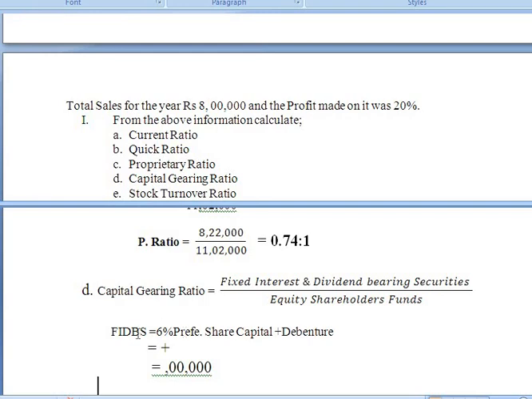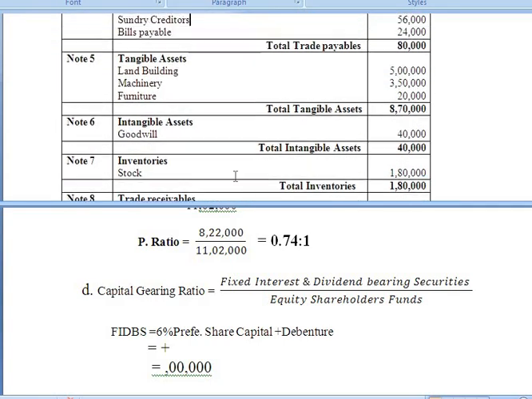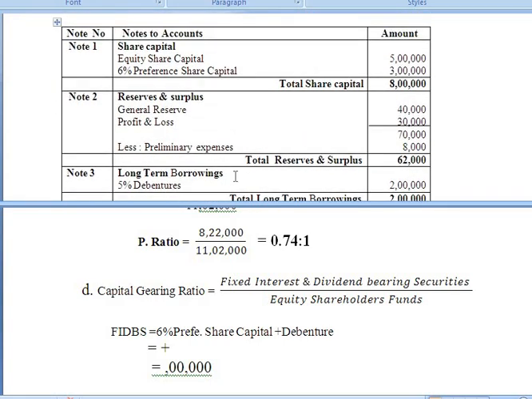Okay, in this problem, fixed interest and dividend bearing securities include 6% preference share capital and debentures. Okay, the details you can check over here. We have only two fixed interest and dividend bearing funds. First one is 6% preference share capital and the second one is 5% debentures.